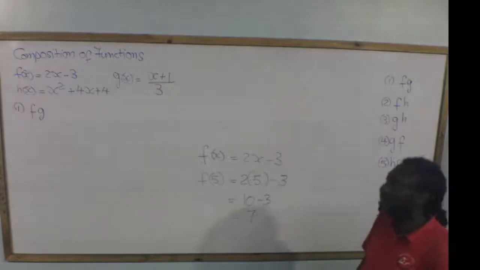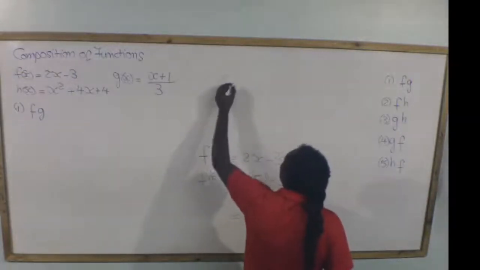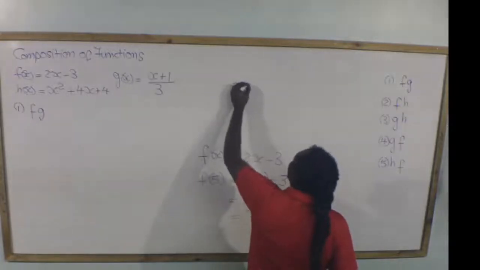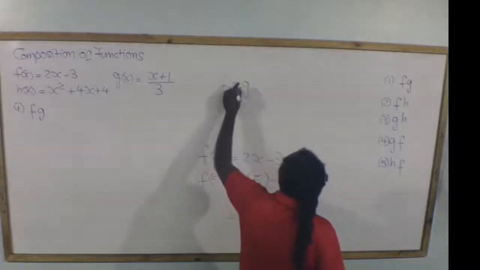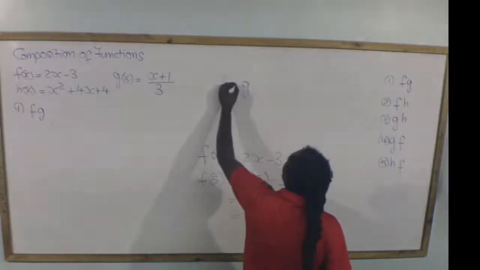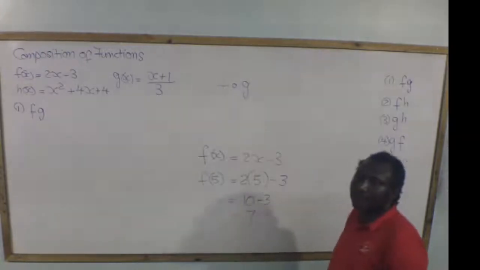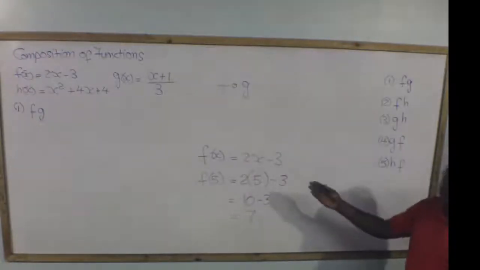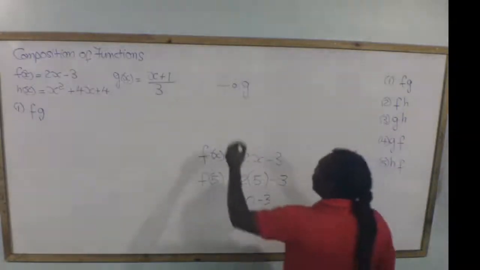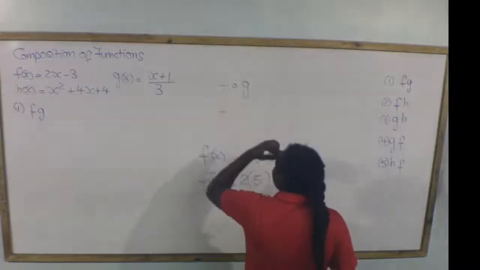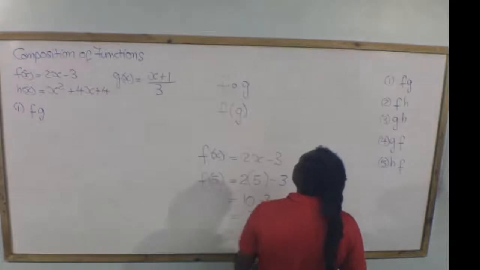Now, for the composition of functions, we have it expressed like this: f of g, f operating on g. Also, f operating on g may be written like this: f of g.